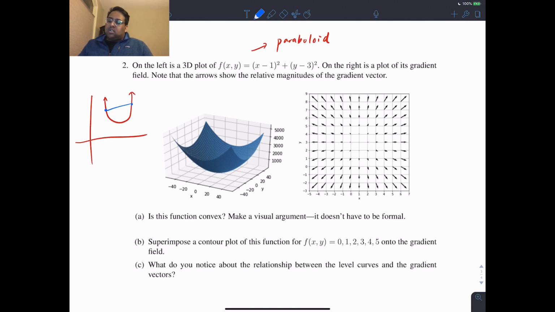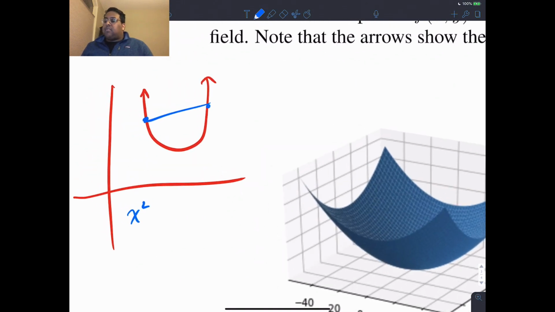Okay, and so in this example, I drew just a shifted version of y is equal to x squared, which of course is convex because I drew the secant line and it's above the points, and I can do that for any 2 points on this function.